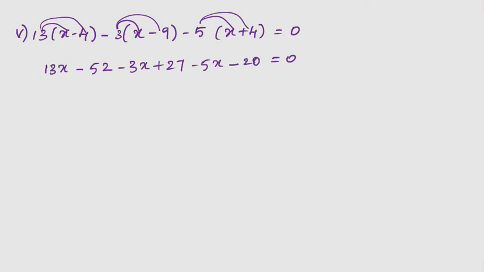So let us write the x terms together. So we get 13x minus 3x minus 5x. Next the numerical value, that is minus 52 plus 27 minus 20.